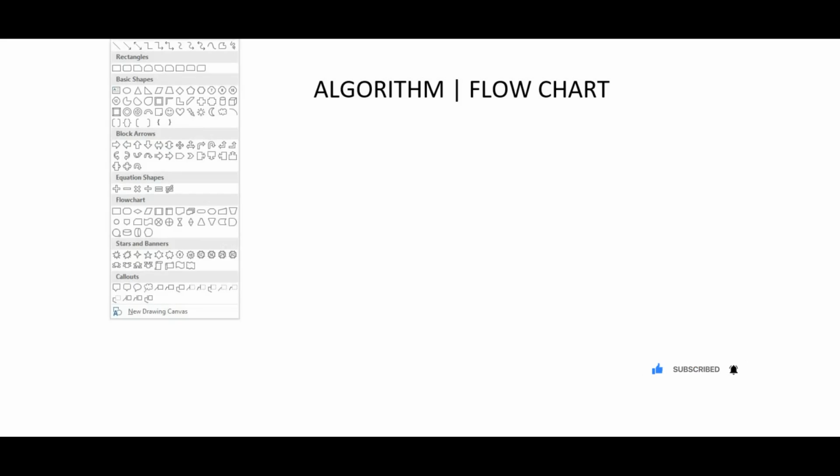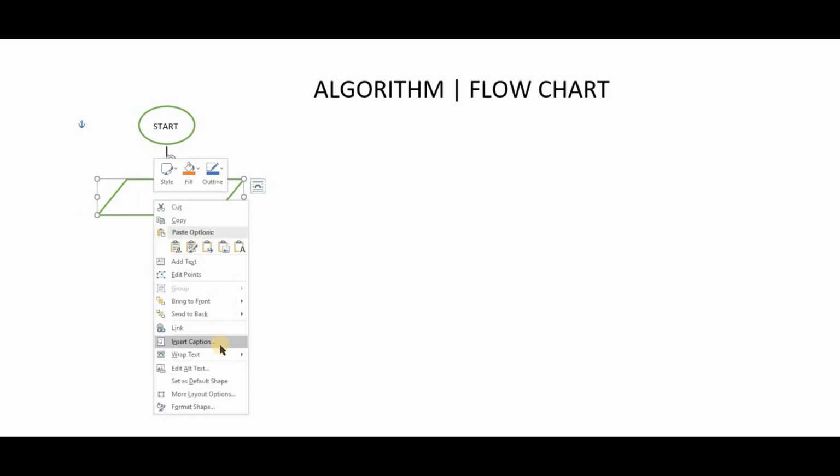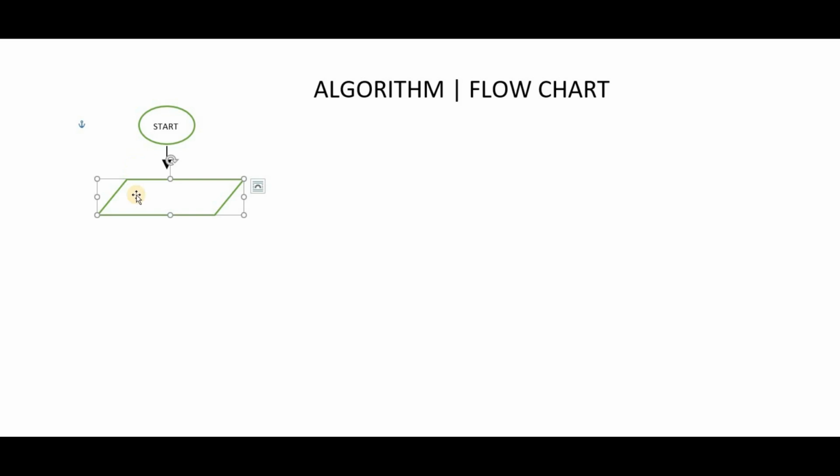Let me see if I'll get a shape that is actually like that. The sides are actually slant. Yeah, so I have a similar shape here. So this is actually the input and output symbol.